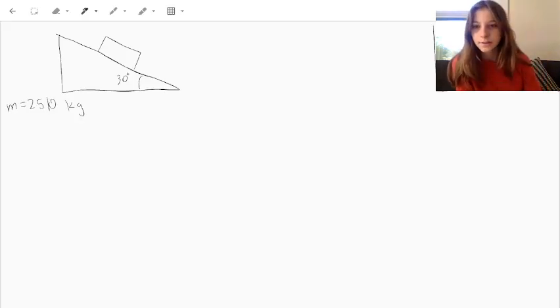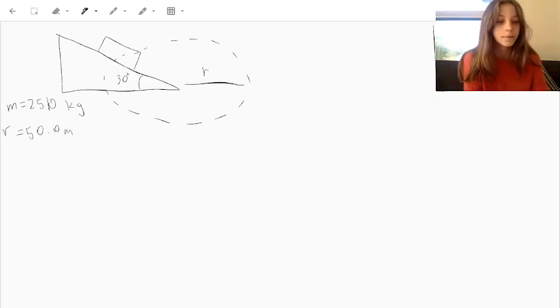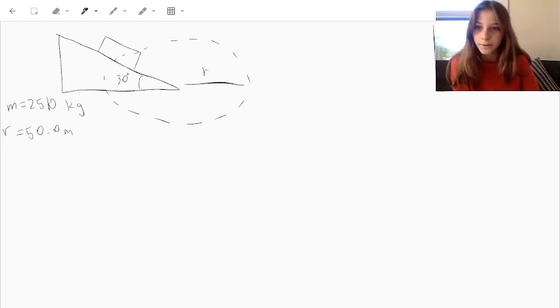It is driving along a curve with a radius r, which is 50.0 meters. And the coefficient of static friction between the car tires and this surface is 0.43.